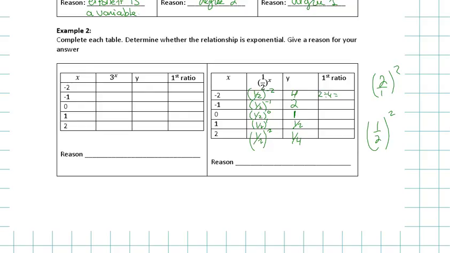They get half. Right? 2 divided by 4 is a half. What's 1 divided by 2? Half. 1 chocolate bar, 2 people.